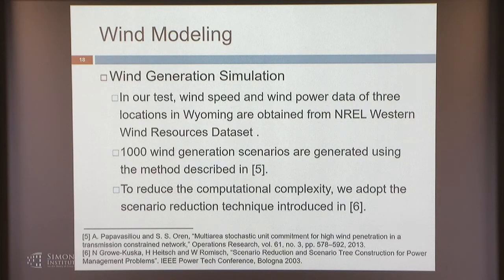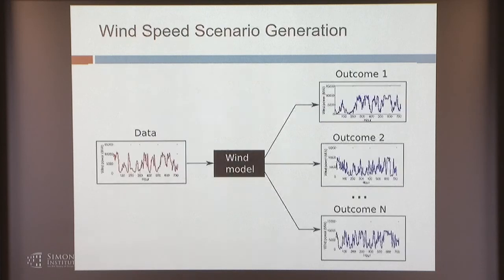We do some simulation. In order to do that, you need to generate wind scenarios. We generate 1,000 wind scenarios by starting with an annual data set from NREL. They have a data set giving us 8,700 wind speeds, one for every hour of the year, for every location. Then we do a kind of bootstrapping where we extract the systematic fluctuation and fit an ARIMA model so that we end up with white noise.